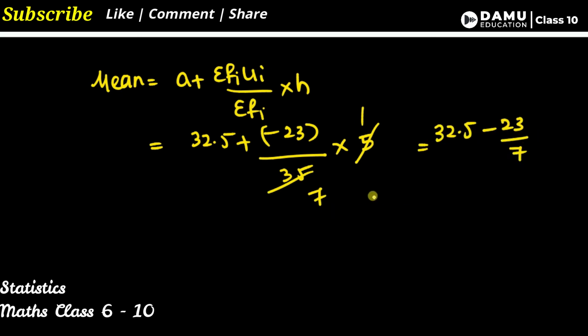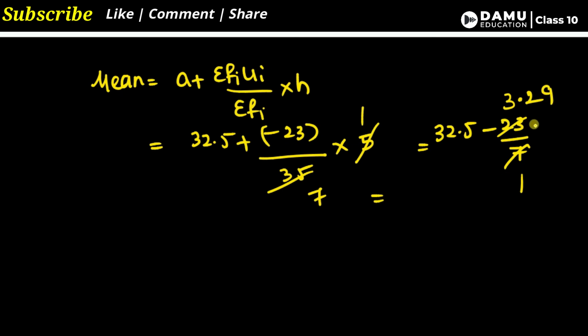So let's take all these values. 23 by 7. 7 ones are 7, 7 threes are 21. Point. Then 2 will be, 7 twos are 14. Then 6 will be, 7 nines are. So what answer? 3.29. So 23 by 7 if you do means 3.2857, like that.